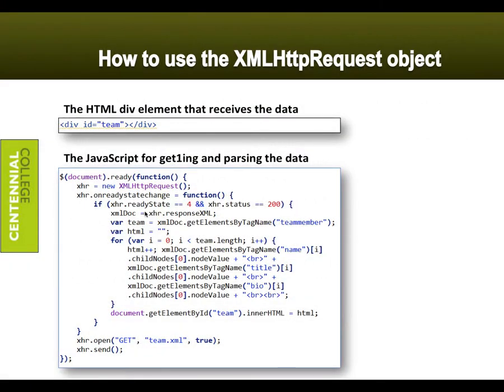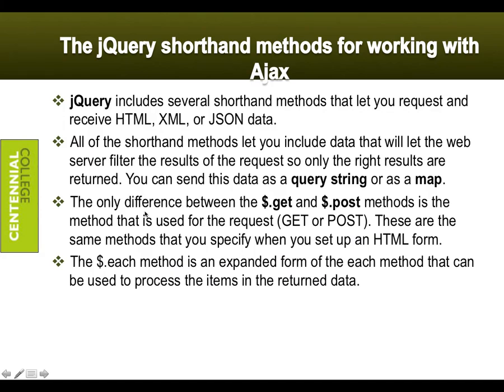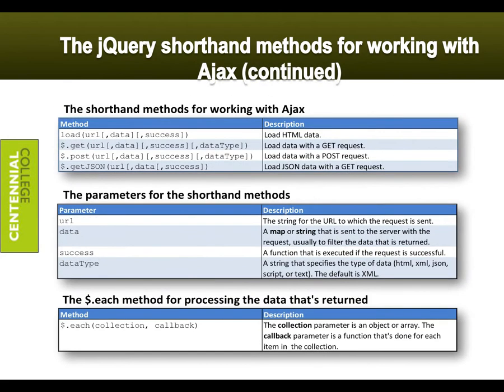So we've done this piece, right? Again, we can use jQuery shorthand for some of this stuff. Remember, we're using jQuery and so far JavaScript to access our XML files, but I can use these other methods, load, the .get method, where I use a URL, the data, and a success, yes or no, as opposed to the way we did it before.